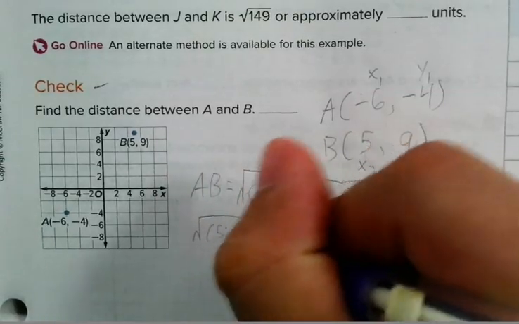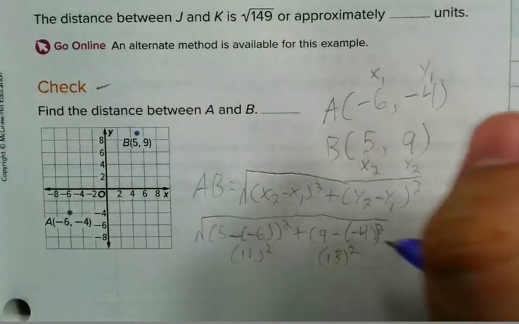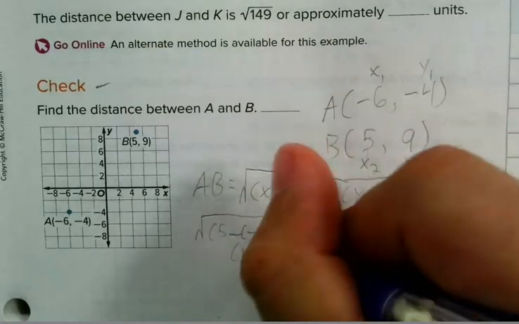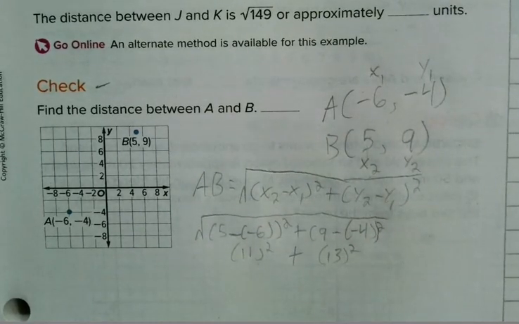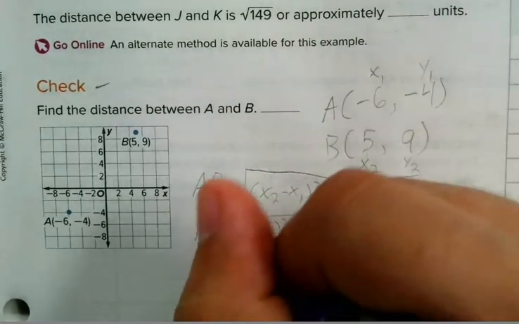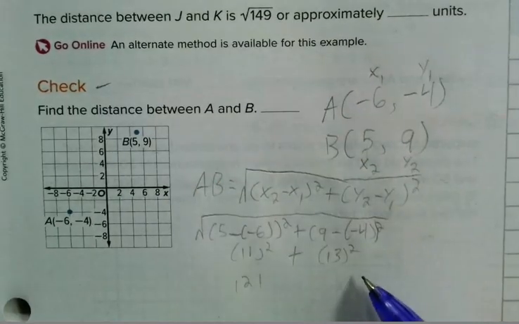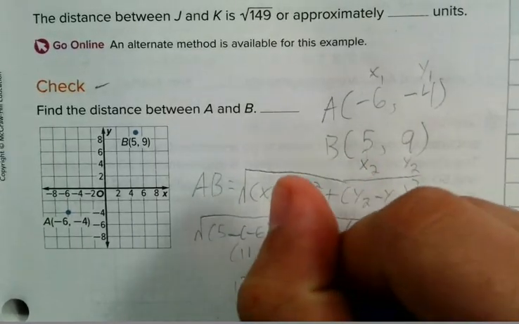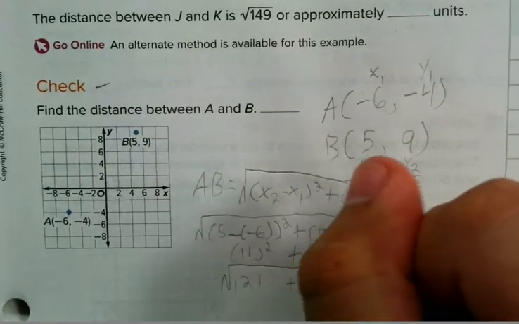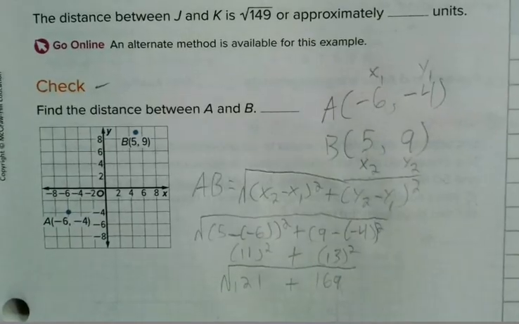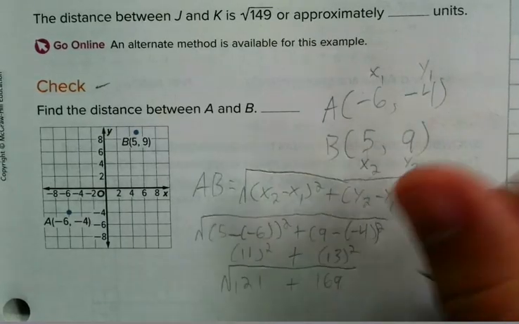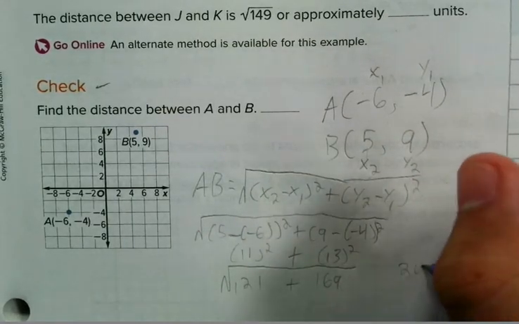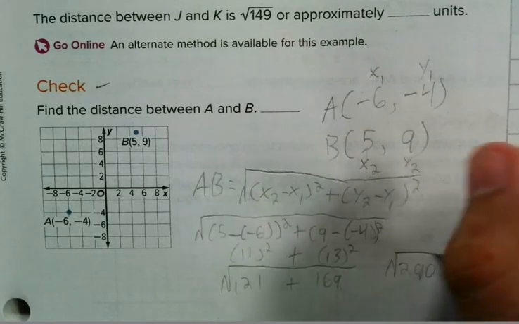And then for each of these numbers, we square them. We just take them times themselves. Does anyone know what 11 times 11 is off the top of their head? 121. Very good. And then 13 times 13, 169. And then we add those and take the square root at the end. So 121 plus 169, right? 290, square root of that.